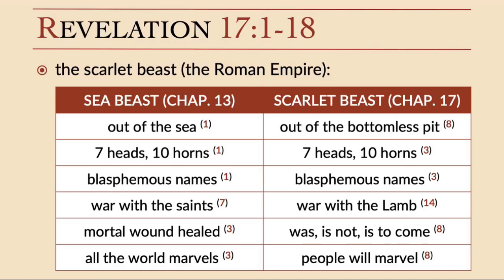So there's our first point of comparison there. The sea beast rises out of the sea with 10 horns and 7 heads, with 10 diadems on its horns and blasphemous names on its heads. So we get 7 heads and 10 horns. Then we get blasphemous names that are written on its heads.